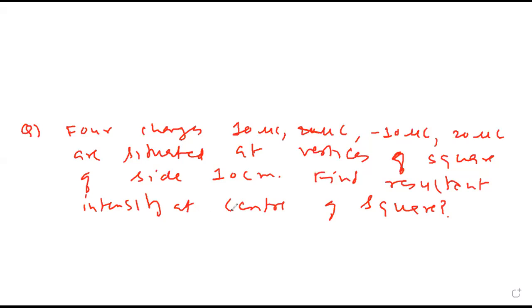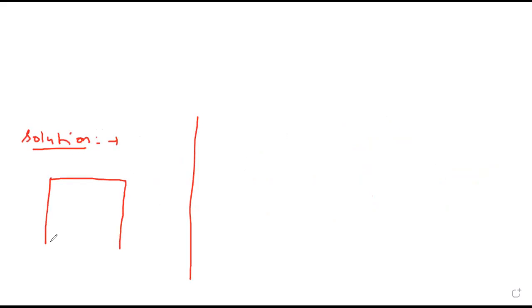Okay, written everything now? Yes, sir. So we'll go ahead with the diagram and how we can find the resultant intensity. Four charges are situated at vertices of a square.